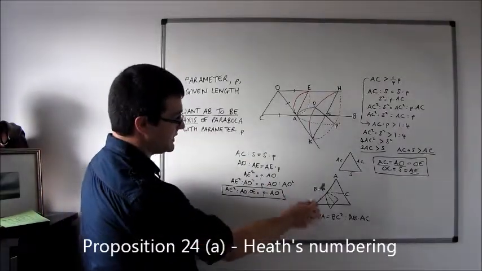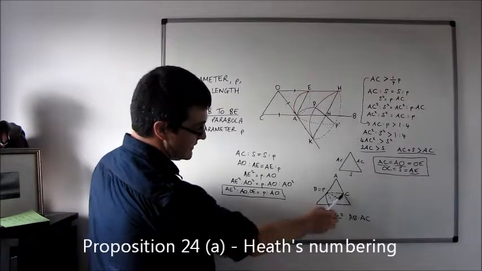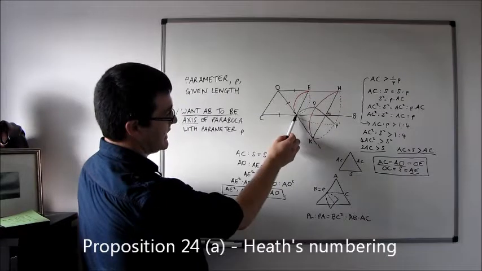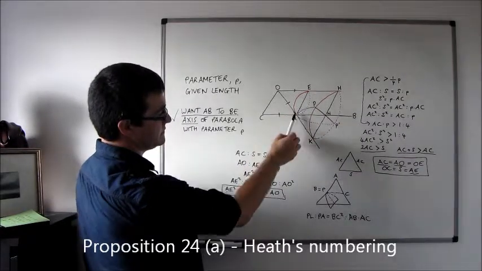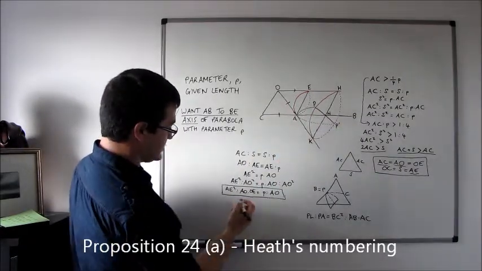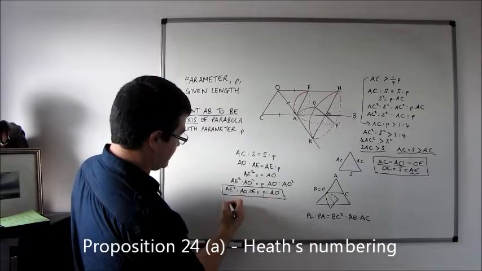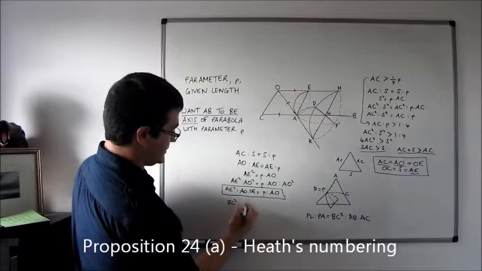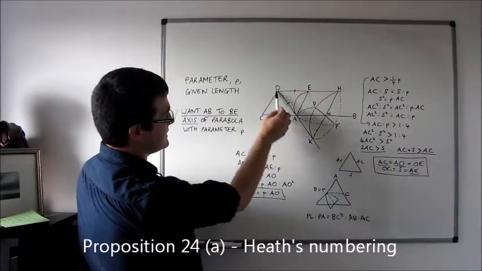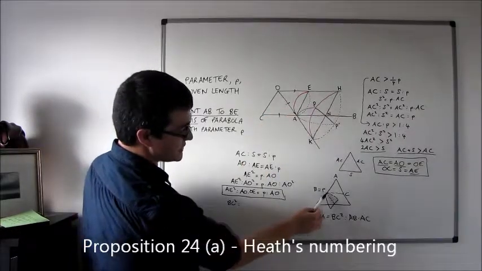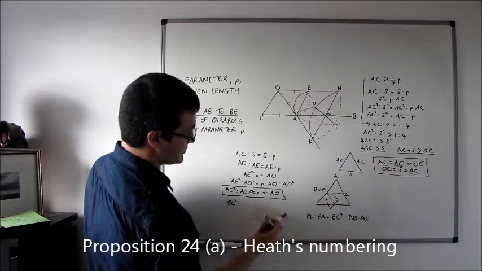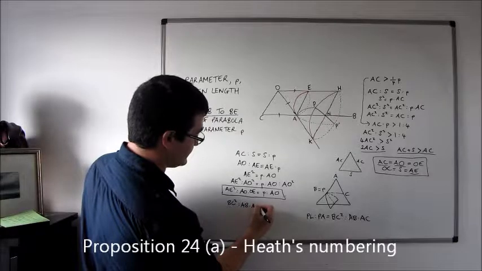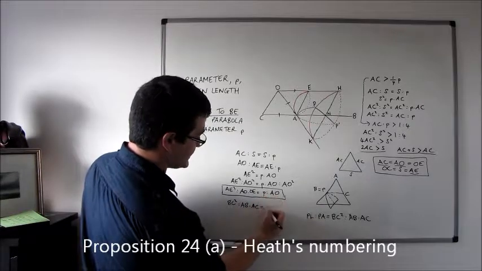Right, so how does this compare now? Well, the base of this axial triangle, BC, is like our AE up here. So we get our BC squared. AO and OE are like the other two sides of the axial triangle, so AB and AC. P is our parameter.